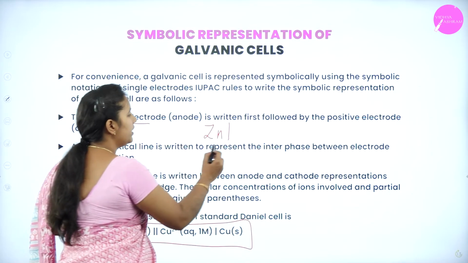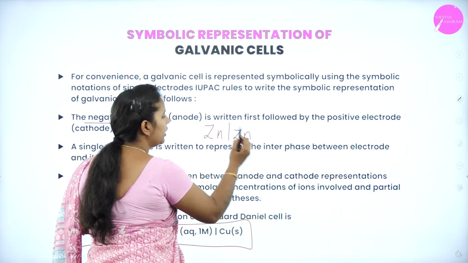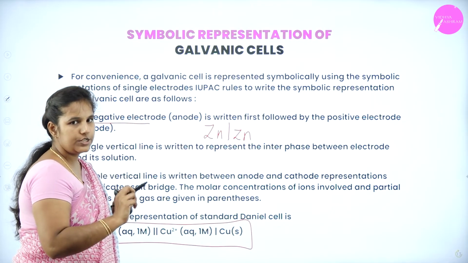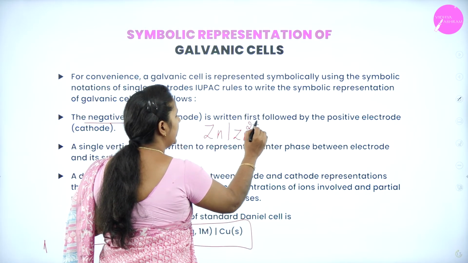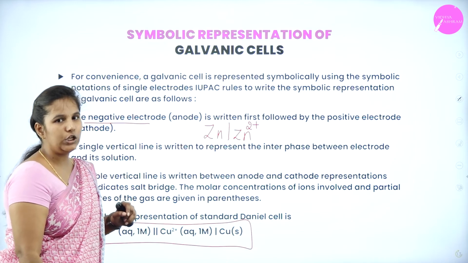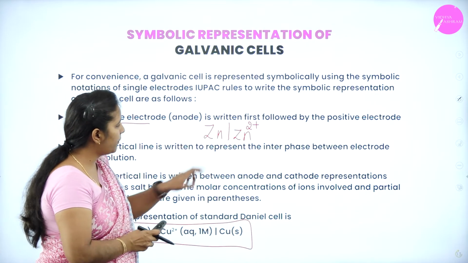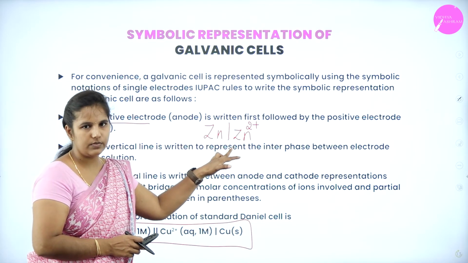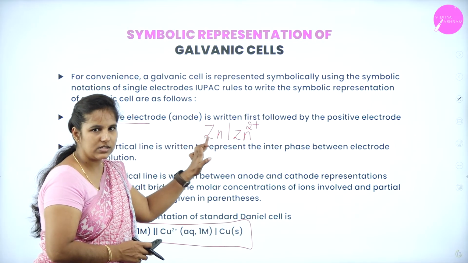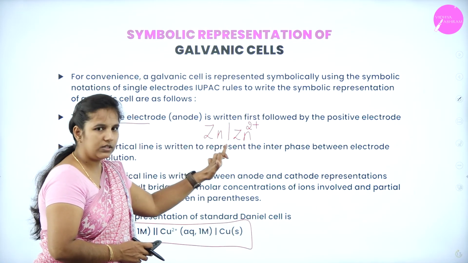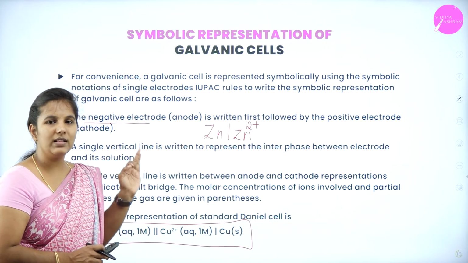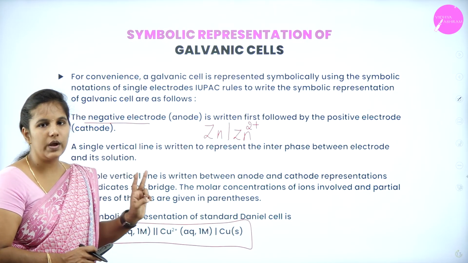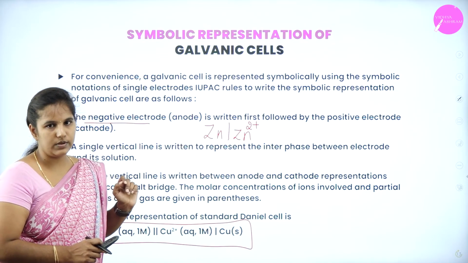After this, we write what undergoes oxidation. Here the zinc gets oxidized to zinc 2+. This happens only in the solution phase. So this is the negative electrode followed by a vertical line, and then the zinc solution where the zinc loses its 2 electrons and becomes zinc 2+.